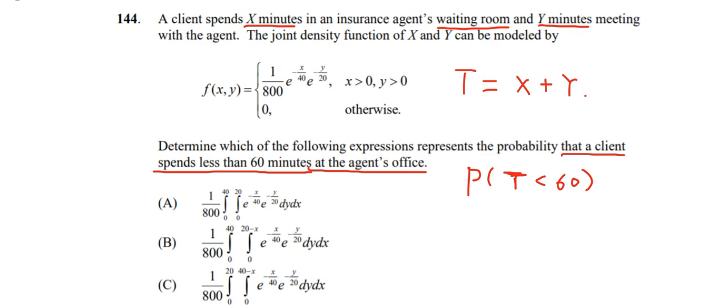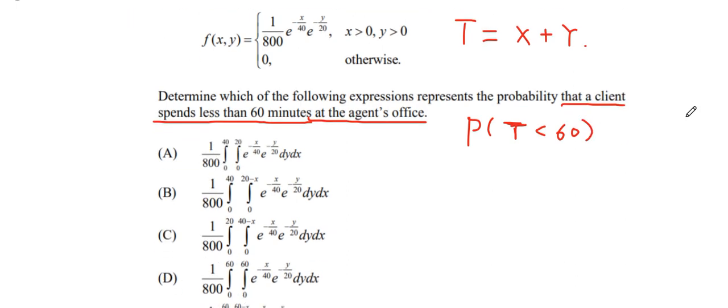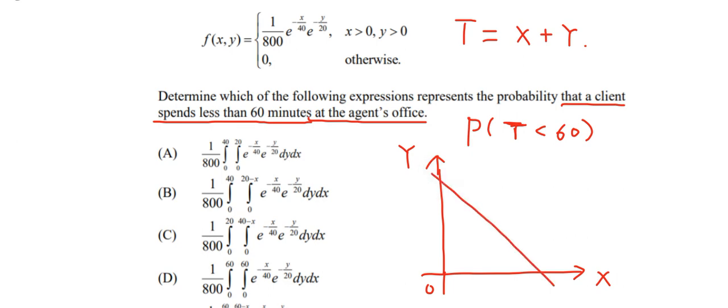So we need to find the probability for X plus Y less than 60. X, Y larger than 0. Here X plus Y equals 60, so less than 60 is just this part, right?